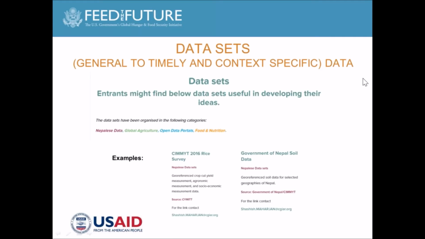And then in this coming monsoon season, we'll be doing another one for rice and another one for maize, and each one again is about 1,000 plus georeferenced data points.